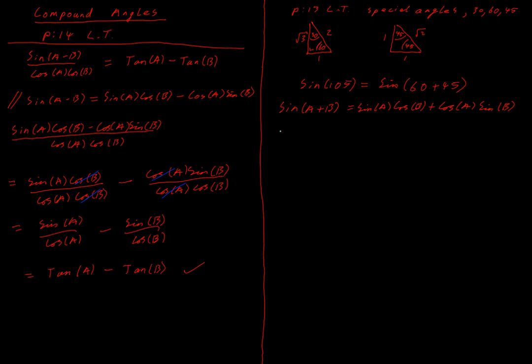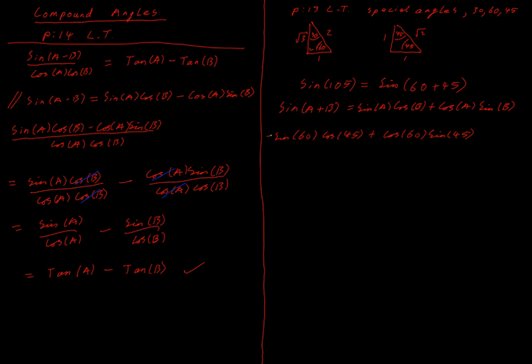Now, let's do our substitution. So we have sine of 60, cos of 45, plus cos of 60, sine of 45.